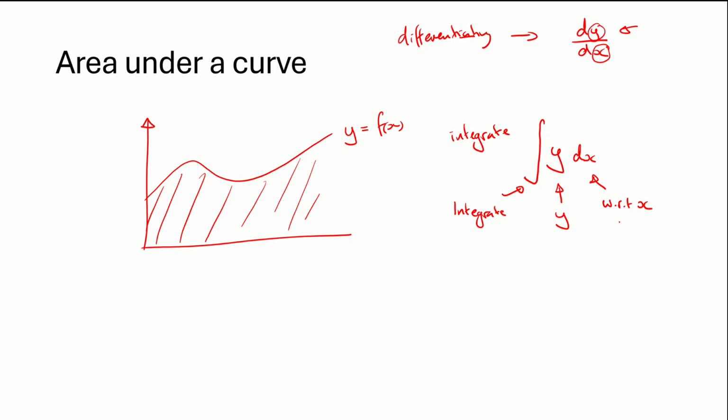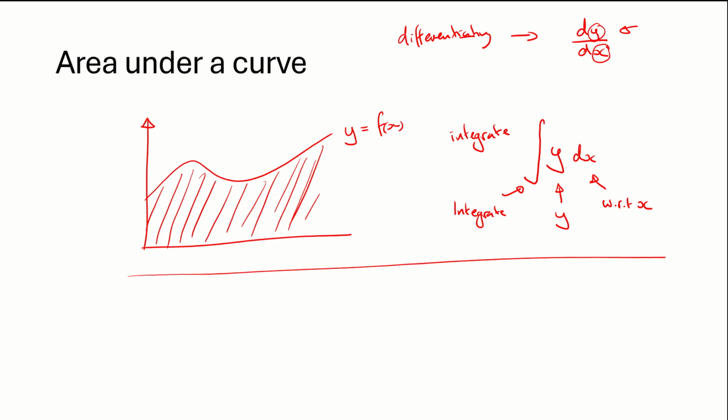Here, we want to integrate y with respect to x. And when we do that, that gives us a function, and that allows us to work out the area under the curve, or maybe what an original function might have looked like. All right, so let's look at the basics again. We'll come back to that when we look at some examples.